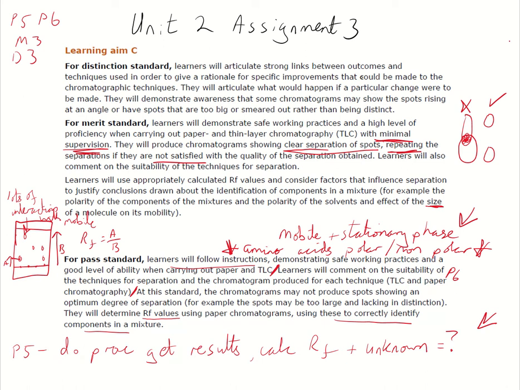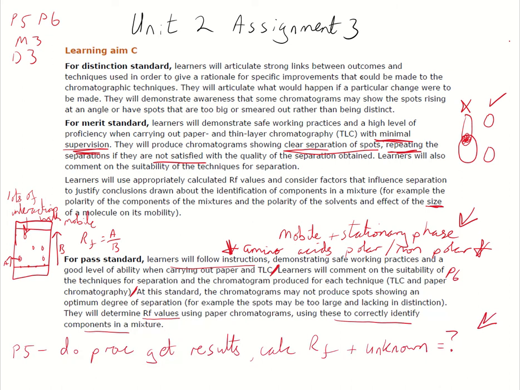But it needs a bit more theory and depth for the merit bit, as opposed to the pass here, where all you're talking about is they are separated by relative affinity. Up here, you need to be saying, well, this molecule is highly polar, my mobile phase is polar, therefore I would expect it to travel further, and it's true. This one, non-polar, so it interacts more with the non-polar stationary phase.